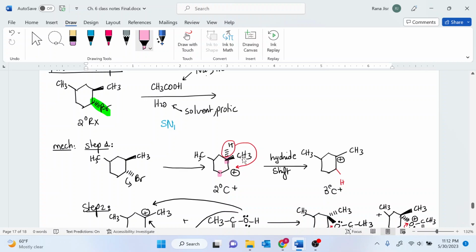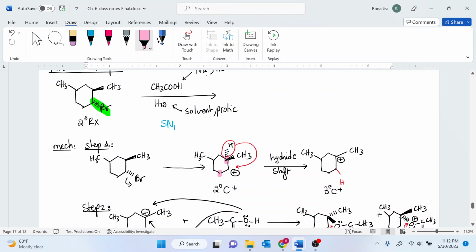But you never ever move a CH3 if the hydrogen is available. You can move a CH3 if the hydrogen was not there. So if instead of the hydrogen you had a CH3, then yes, you can go ahead and move a CH3. But if you had a hydrogen, please move the hydrogen because hydrogens are smaller atoms and they can be moved faster than the CH3. CH3 is a molecule.